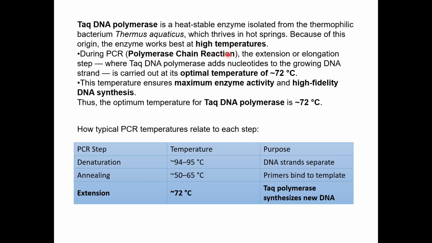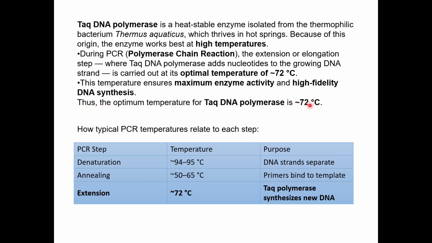During the extension or elongation step, where the Taq pol adds nucleotides to the growing DNA strand, it is carried out at an optimal temperature of 72 degrees. That's why we have an extension of 72 degrees. This temperature ensures maximal activity of the enzyme and high fidelity DNA synthesis, so it maintains the accuracy.